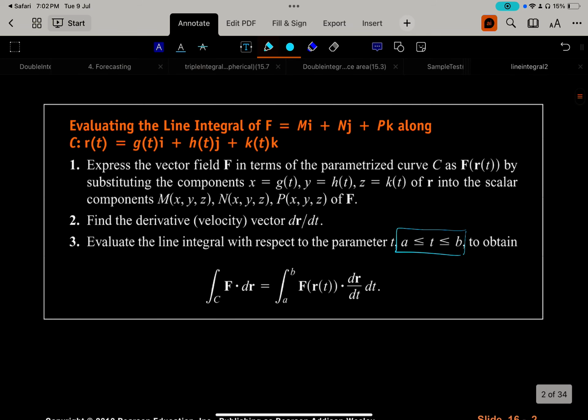And so in order to evaluate the line integral of F along the path C, we have a couple of steps that we need to go through.